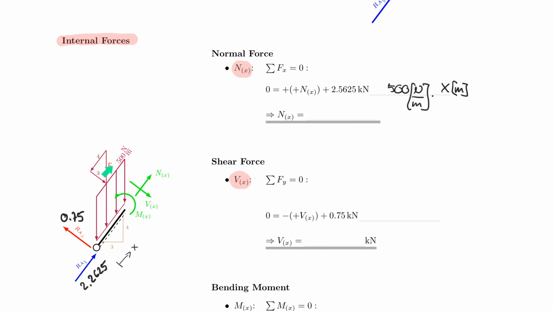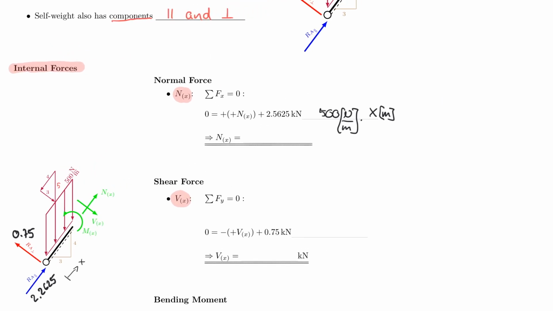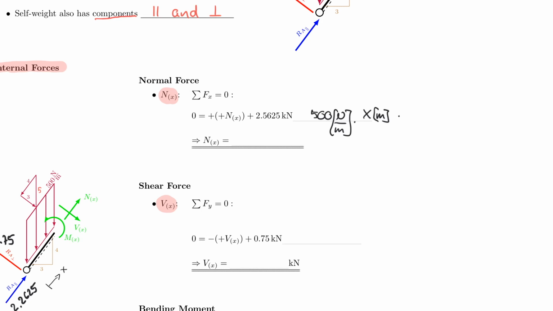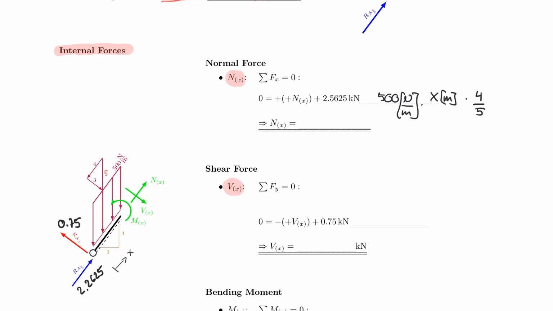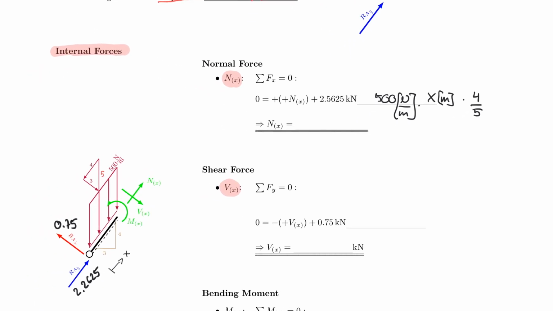So what I have to do is divide it by 5 and multiply it by 4. Last but not least, I have to decide if it's positive or negative. Since my N here is positive to the right, this one is opposing it, and therefore it has to be negative. So I'm going to have negative 500x times 4/5.